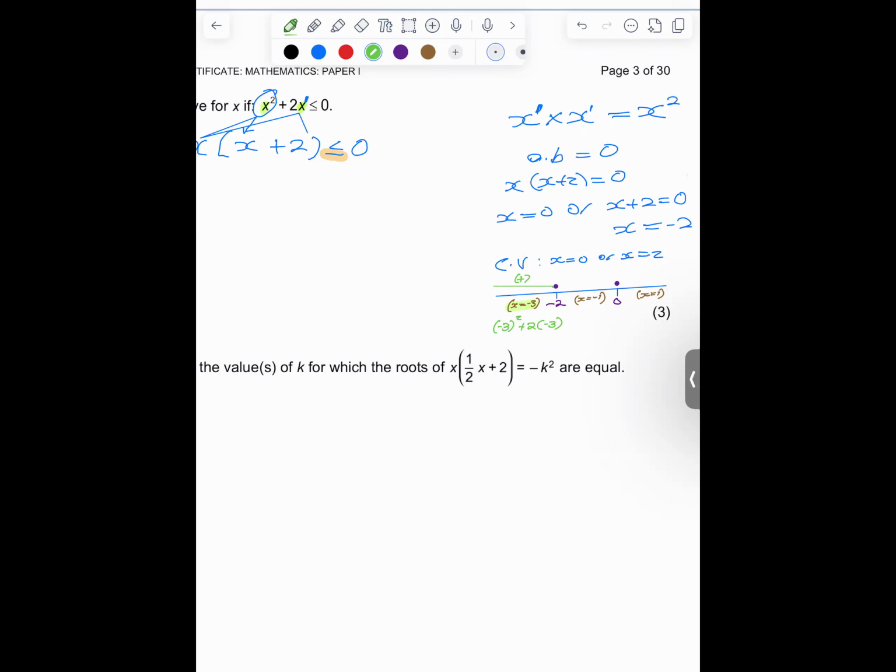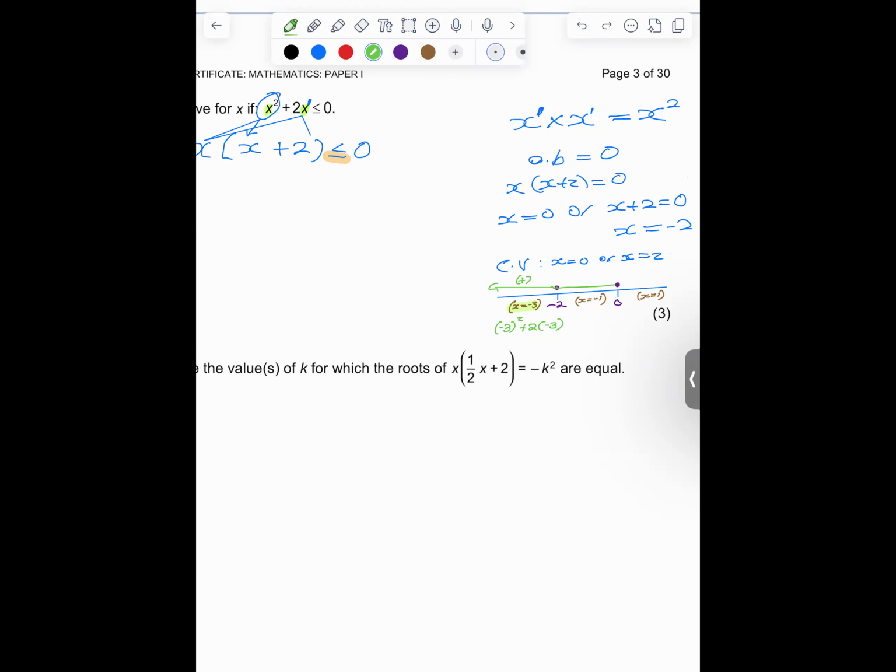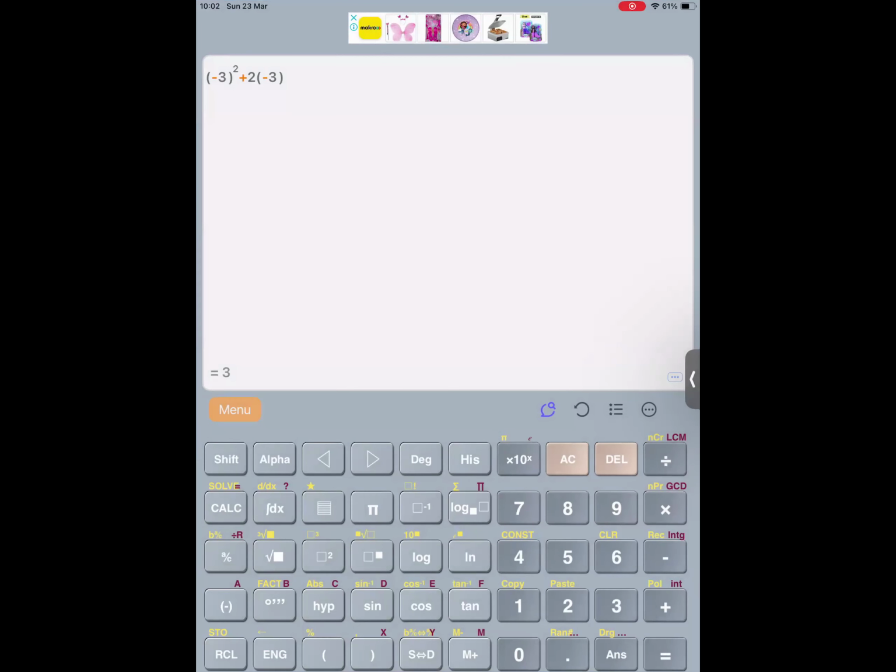Do the same thing for values between -2 and 0. What do we get? You go back to this, and a value that is between -2 and 0, I chose -1.